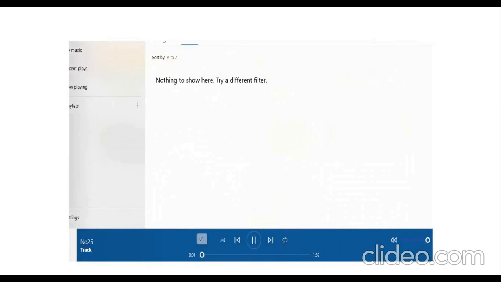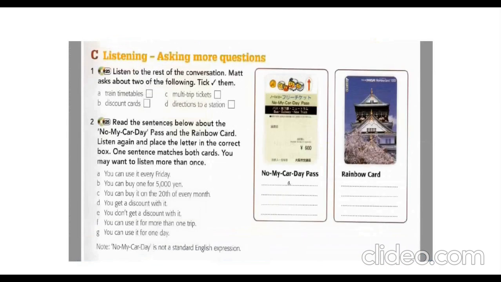Recording 25. What about discount tickets? Is there any way to get a cheaper fare? Well, we've only got one discount ticket. Okay. If you take the train every Friday or the 20th of every month, you can use the Know My Car Day discount pass. Okay. So, how does that work?